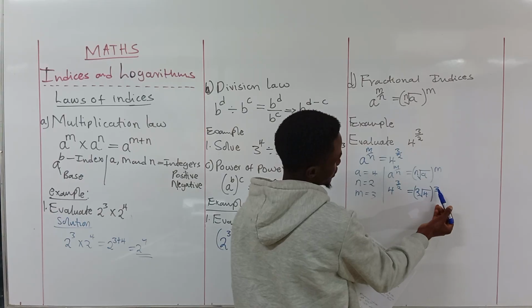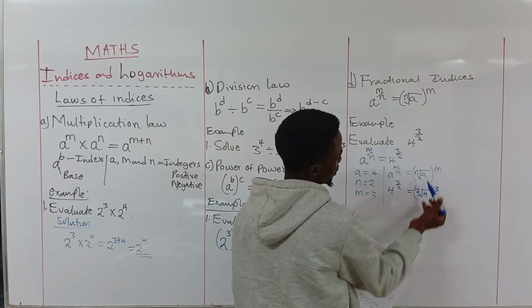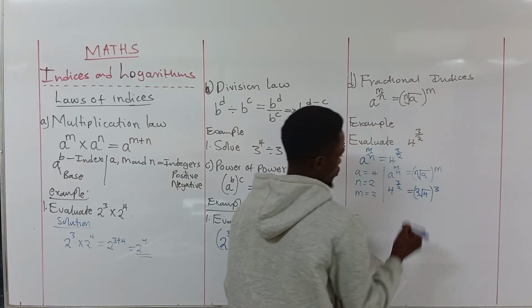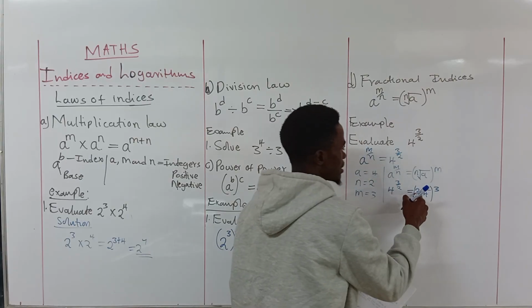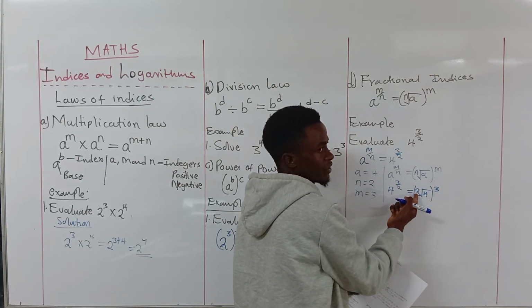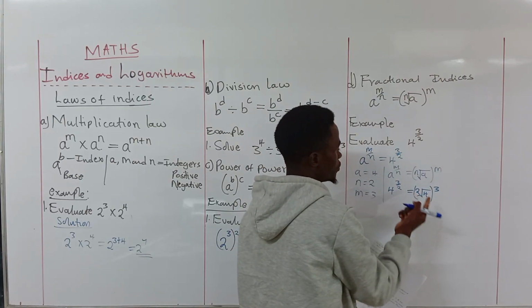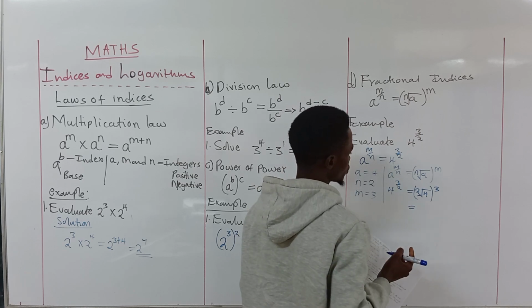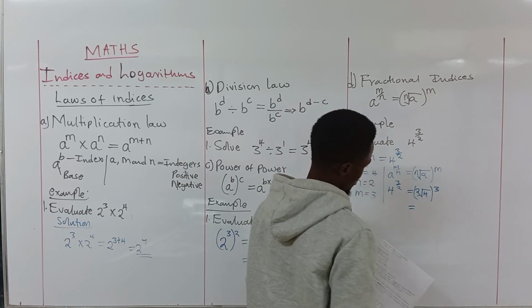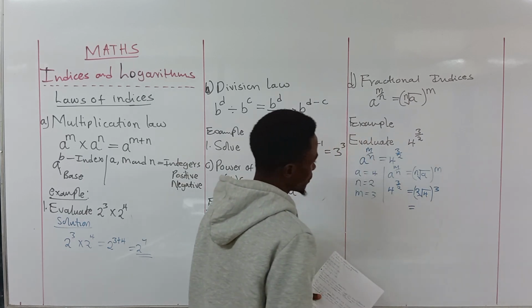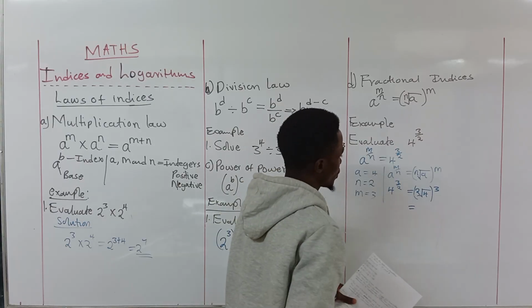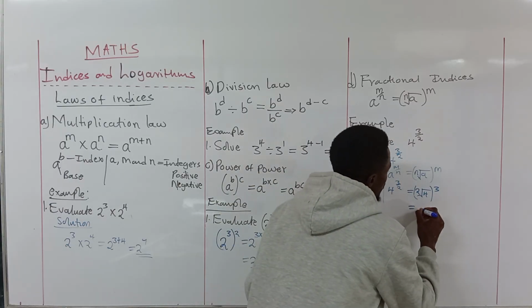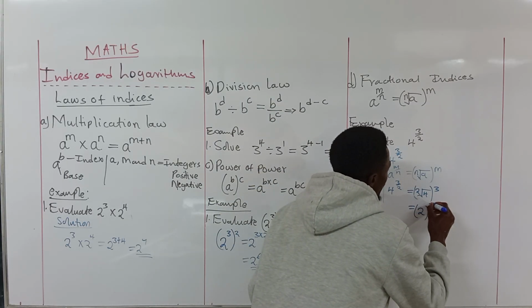So m is 3, a is 4, and n is 2. So the square root, 2 means a square root. If you have it as 3, then it's going to be the cube root. If you have it as 4, it's going to be the fourth root, fifth root, sixth root, and others, depending on what you are given. So in that case, we have the root of 4, that is 2, raised to power 3.